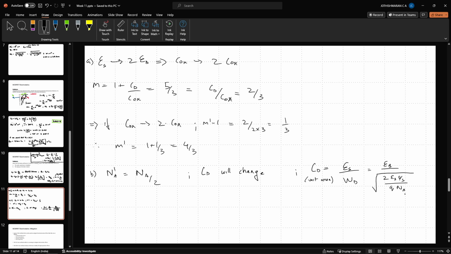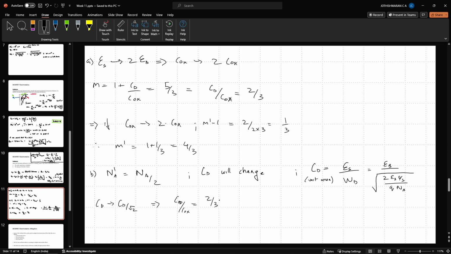If Na goes to Na by 2, then CD goes to CD by root 2. That can be seen directly over here because the factor of 2 will go to the numerator. So that will be 1 by root 2 times this entire quantity. Now again, previously we know CD by Cox is equal to 2 by 3.